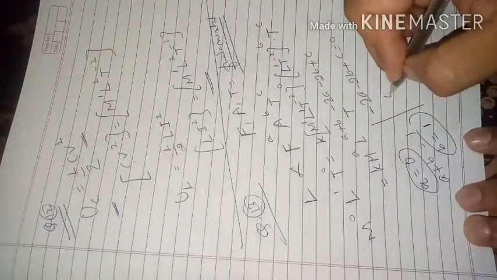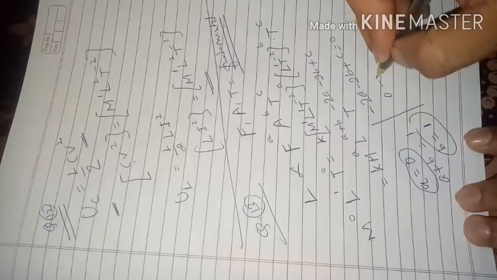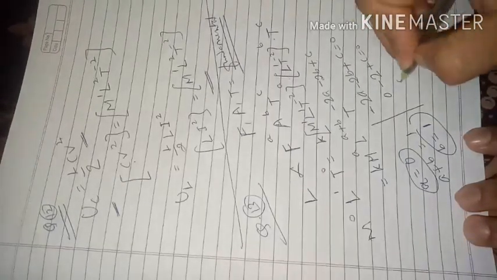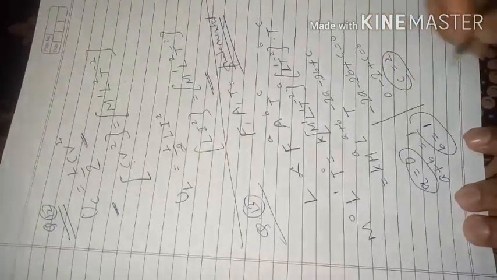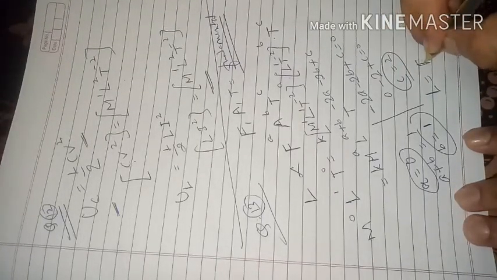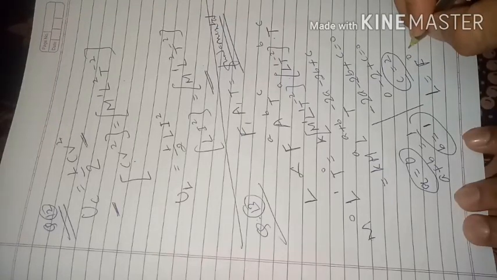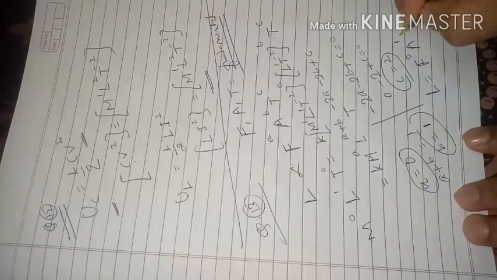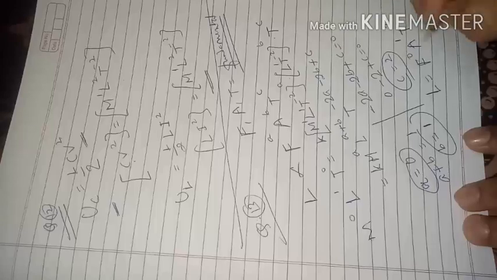So A is 0, B is 1, so minus 2 plus C equal to 0, you get C is equal to 2. So you have got A, B, C as 0, 1, 2. So length is going to be equal to force raised to 0, it does not depend on force, and acceleration raised to 1, and T raised to C, C is 2, so it's A T square.